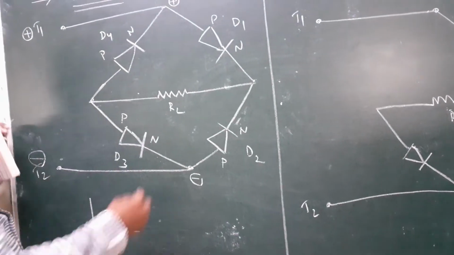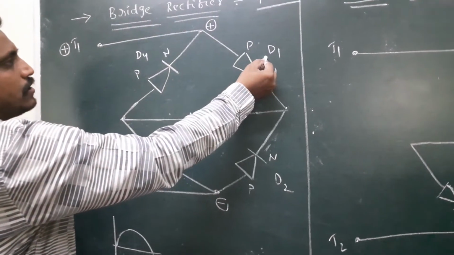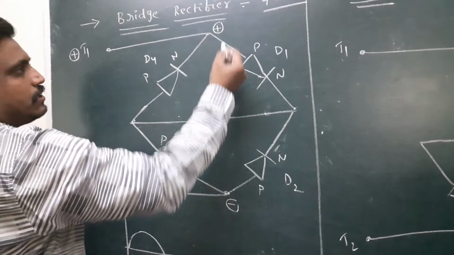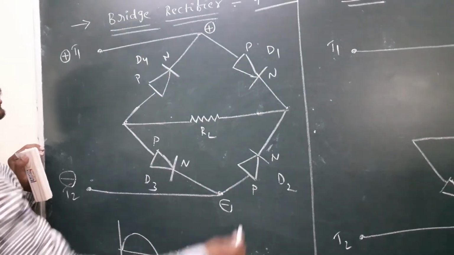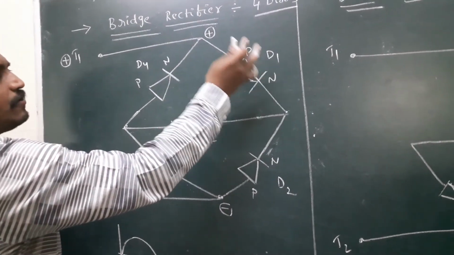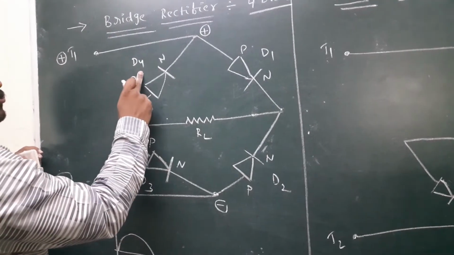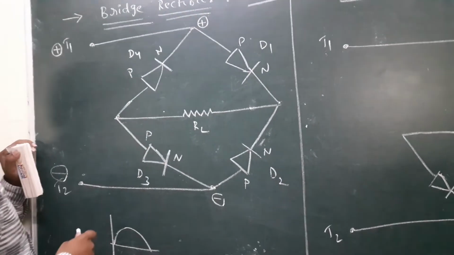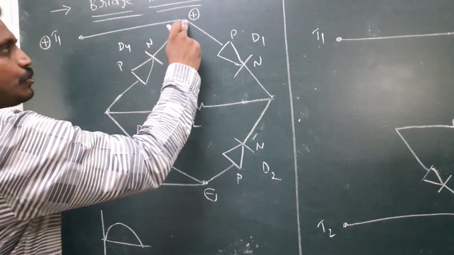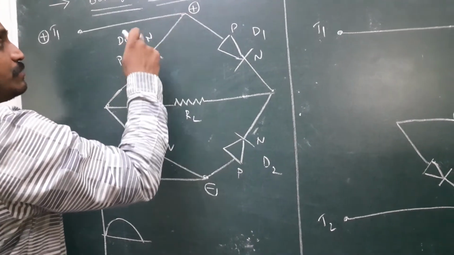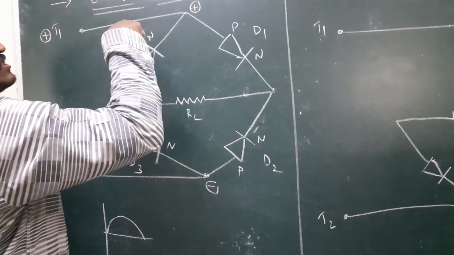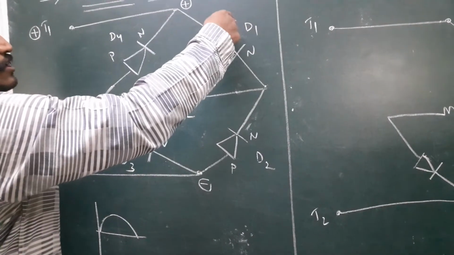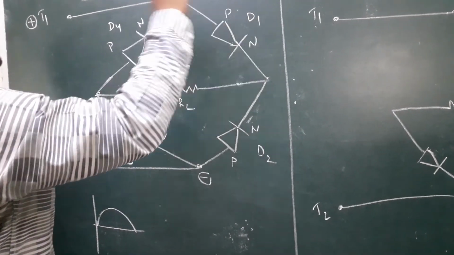Here D1's P is connected to high, which means diode D1 is forward bias. D4 is reverse bias, because N is connected to high positive. That means D4 is reverse bias, D1 is forward bias.